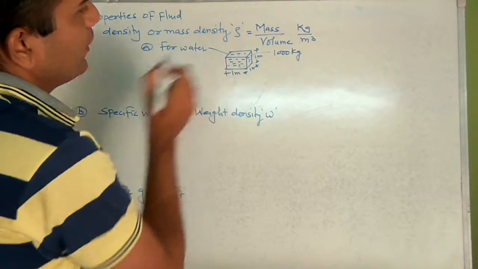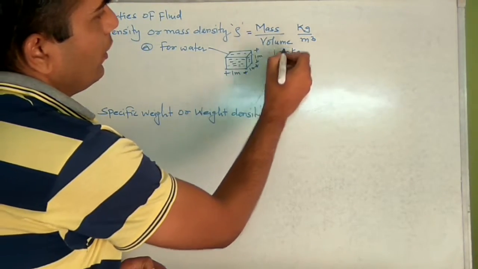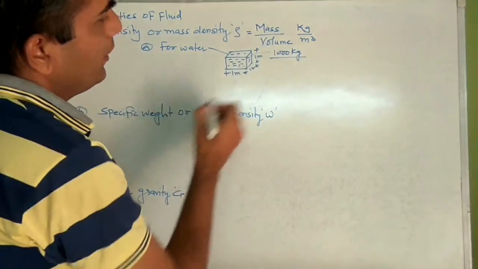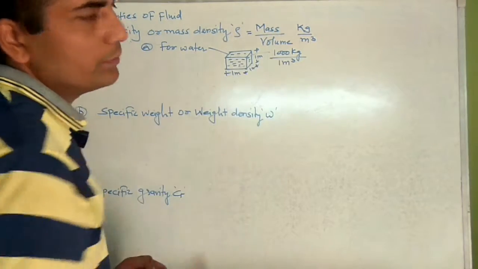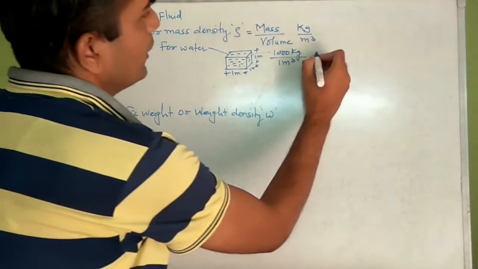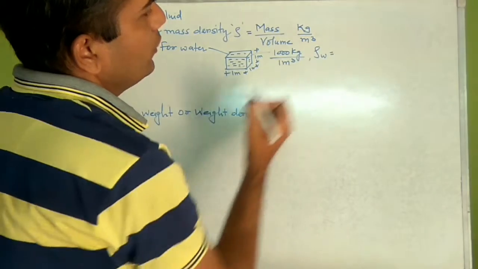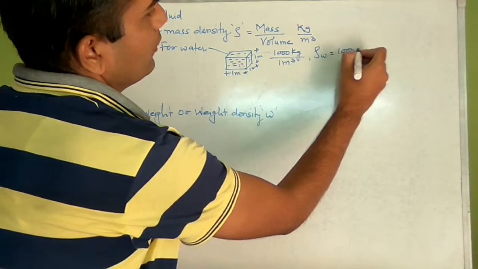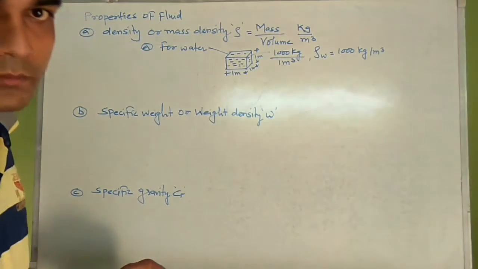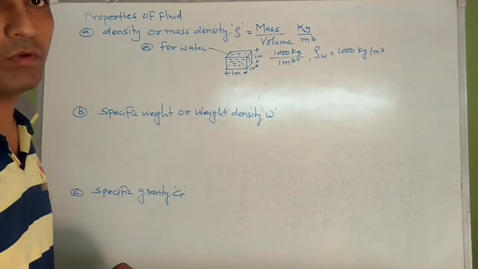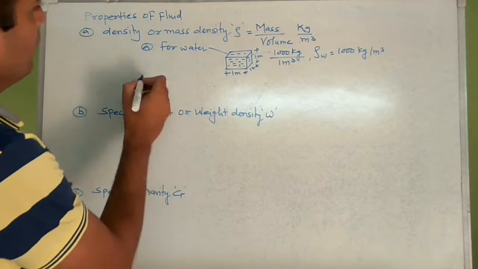In this the water is there. In this 1000 kg, that is the weight divided by of what? Of 1 m cube volume. So we are saying that density of water is equal to 1000 kg per m cube. So this is the way how we can analyze the things.